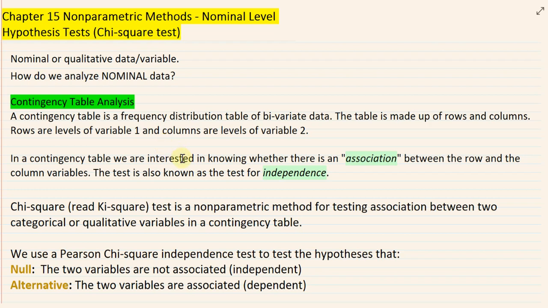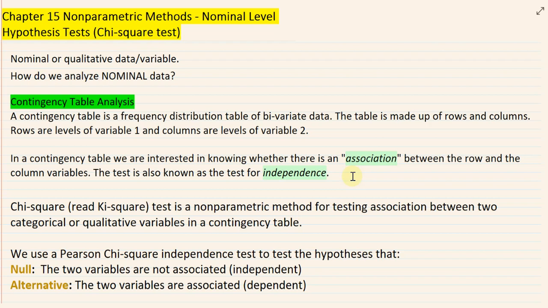So what are we interested in? We want to determine whether there is an association between the row and column variables. It's very simple. That's all we want to do. Some people think about the association in terms of independence or dependence between the variables, but you have to be careful with that, because especially in the case of dependence, we do not want to confuse dependence with causation.